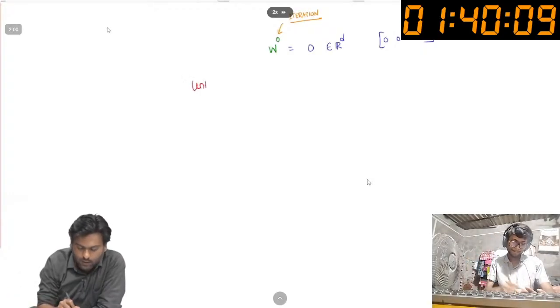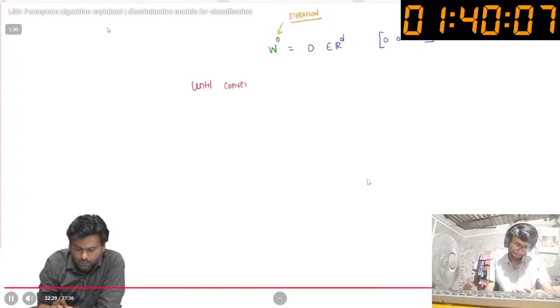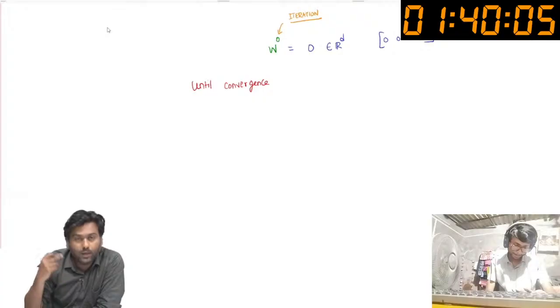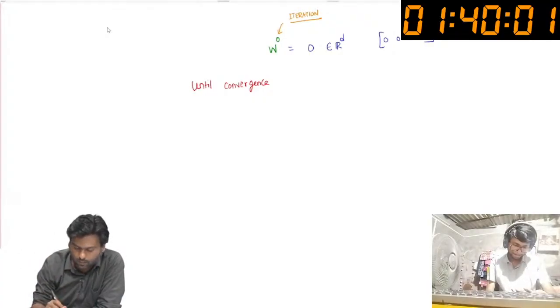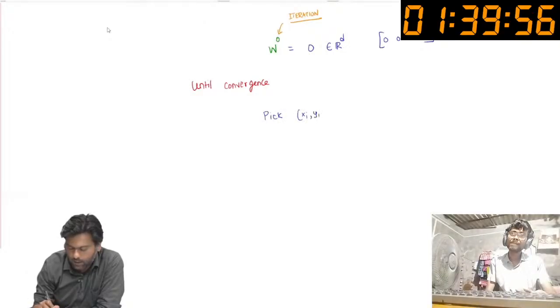So the algorithm goes as follows: until convergence, the algorithm is going to do the following, right. Pick an (xi, yi) pair from the data set.